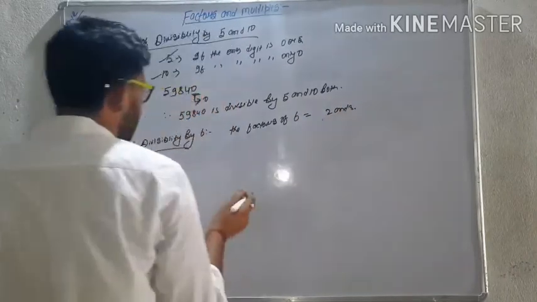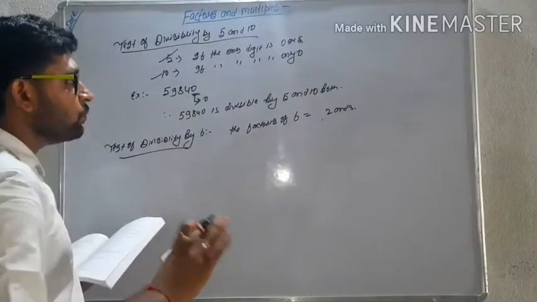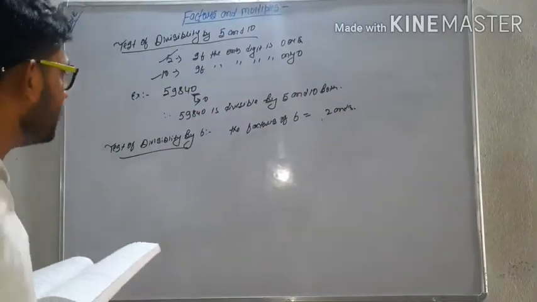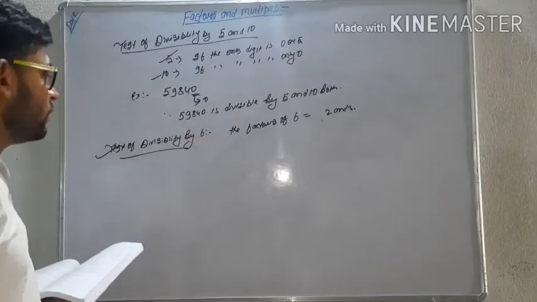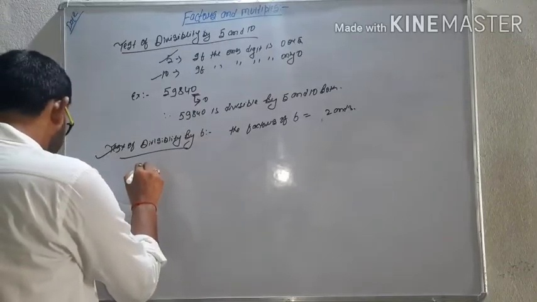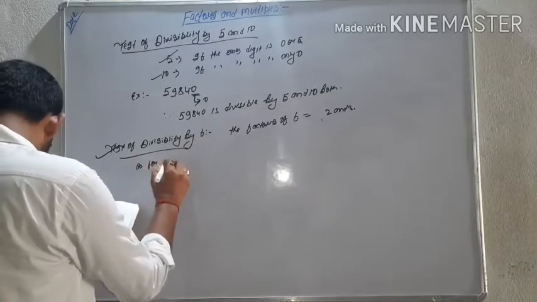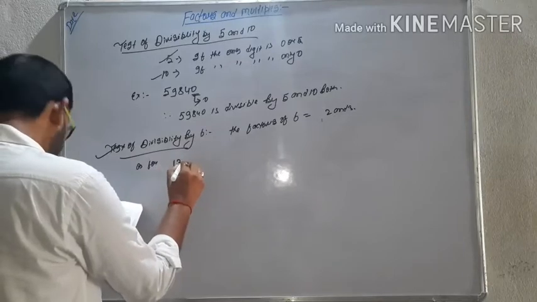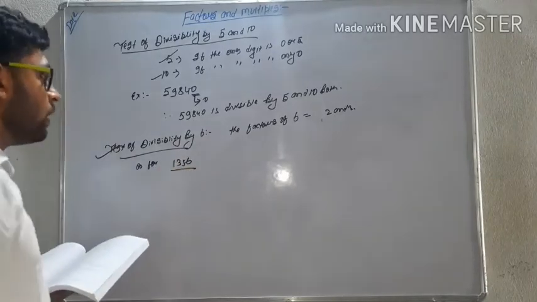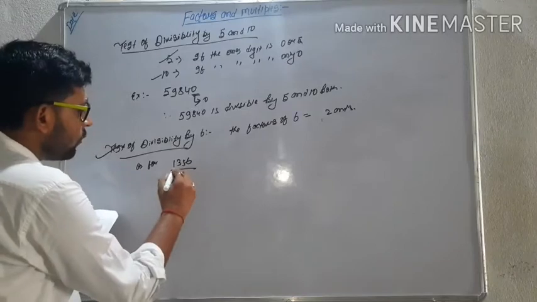If the number is divisible by both 2 and 3, then the whole number is divisible by 6. As for example, take the number 1350.